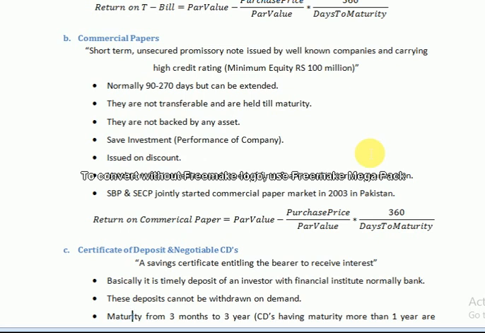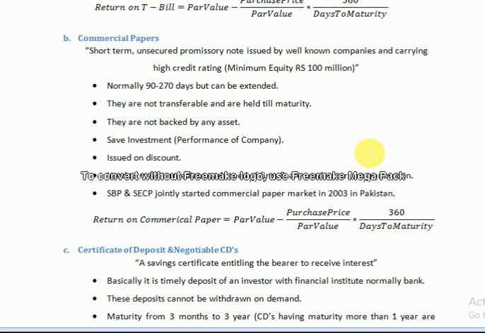The major benefit of commercial paper is that it does not need to be registered with the Securities and Exchange Commission, SEC, as long as it matures before 9 months, or 270 days. This makes it a very cost-effective means of financing, although maturities can go as long as 270 days before coming under the purview of the Securities and Exchange Commission.